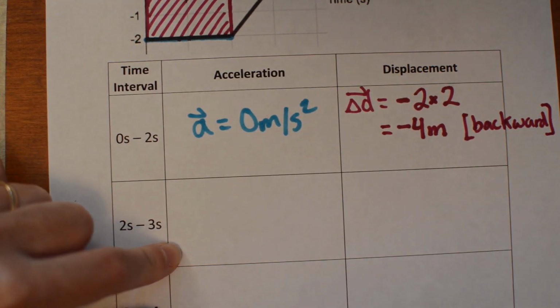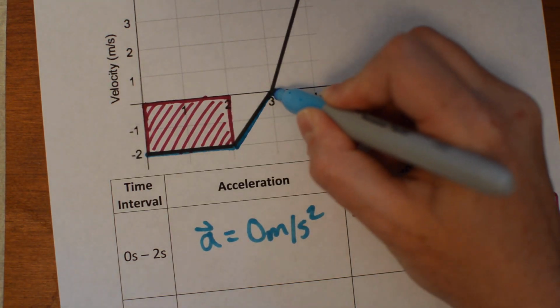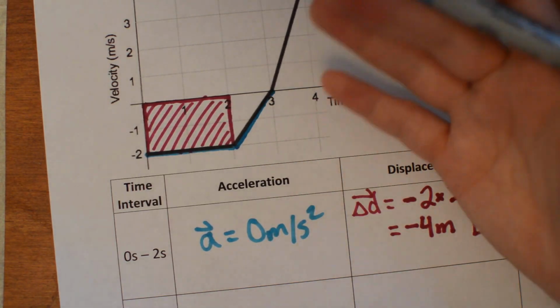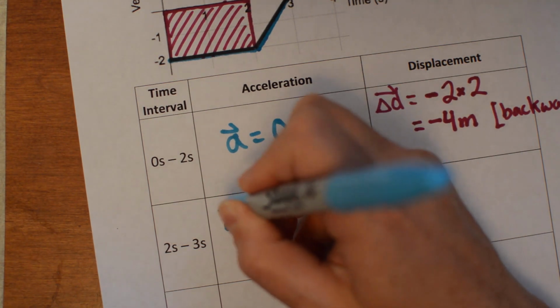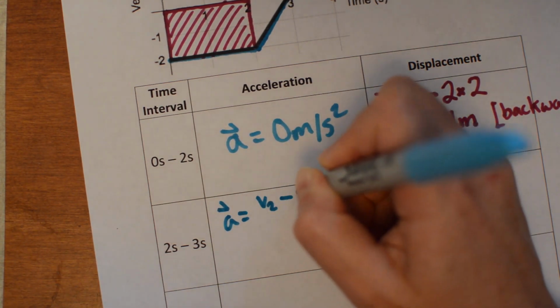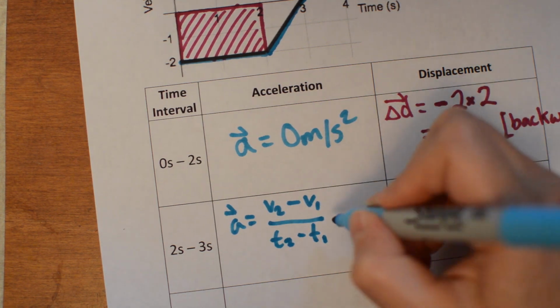All right, next section, my acceleration is positive, right? That's a positive slope. Even though I'm moving backward, it's a positive acceleration because I'm slowing down in the backwards direction. Acceleration is v2 minus v1 over t2 minus t1.